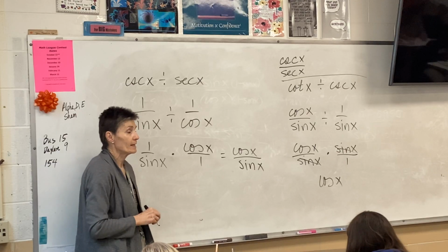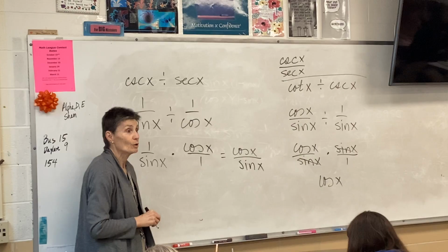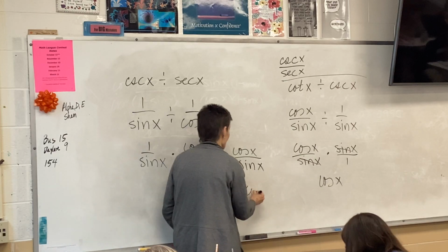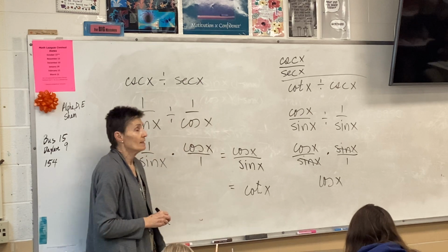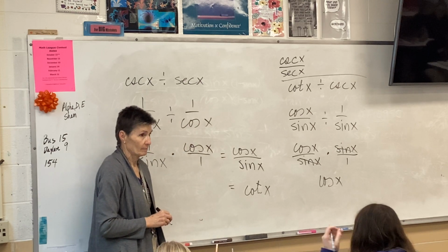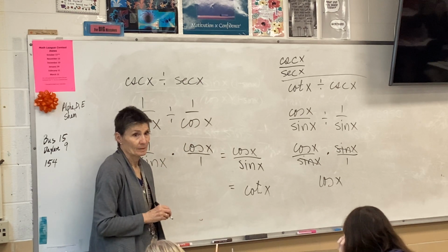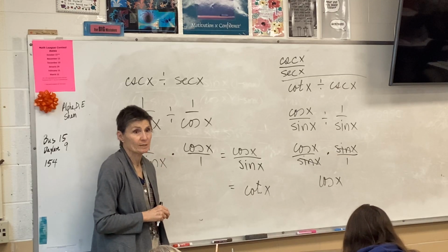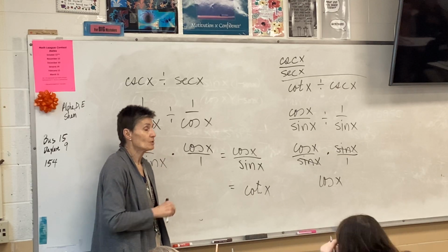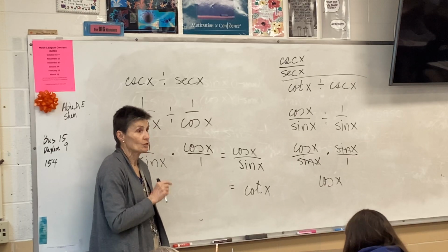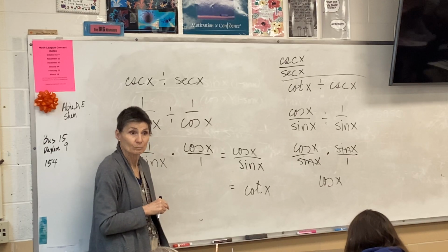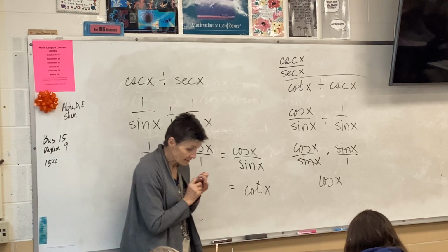Cosine over sine is cotangent. That's exactly right. So again, written on the sheet is sine over cosine. That is tan. The reciprocal of tan is cotan. So if tangent is sine over cosine, then cotangent is cosine over sine. All right, I promised I'd stop there, and I will.